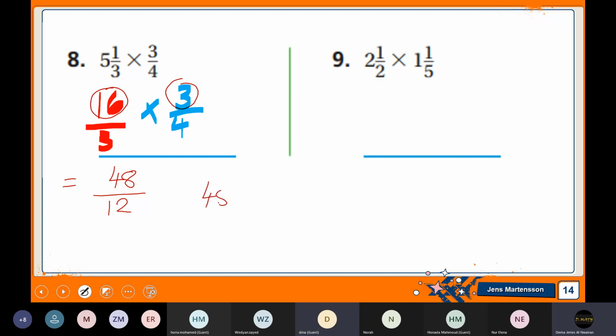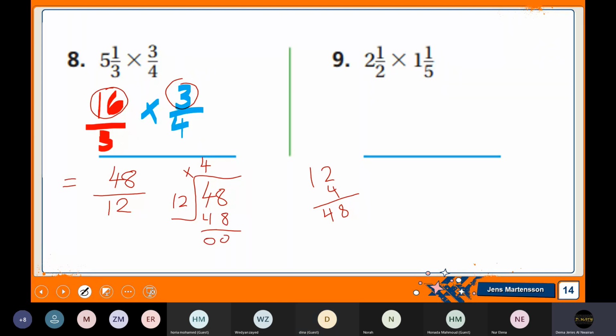Bravo. 48 over 12. 1 times 12 is 12. 2 times 12 is 24. 3 times 12 is 36. 4 times 12? 4 times 2 is 8, 4 times 1 is 4. The answer is 48. So here you will write 4.